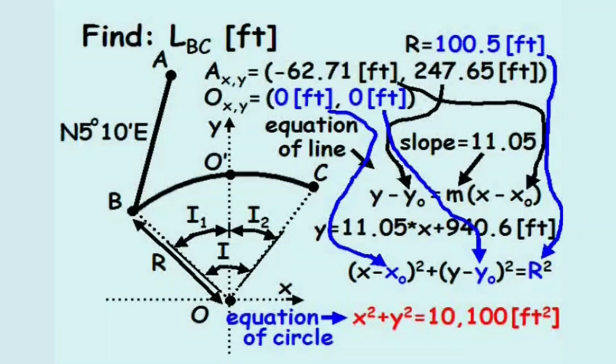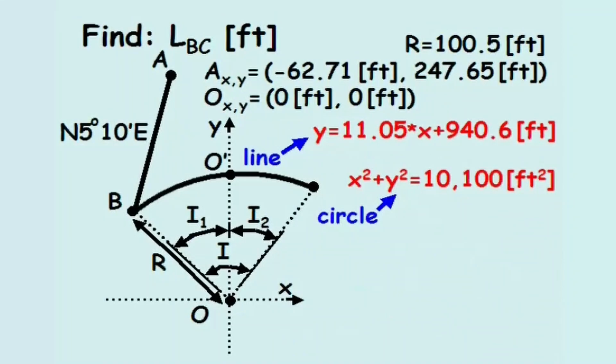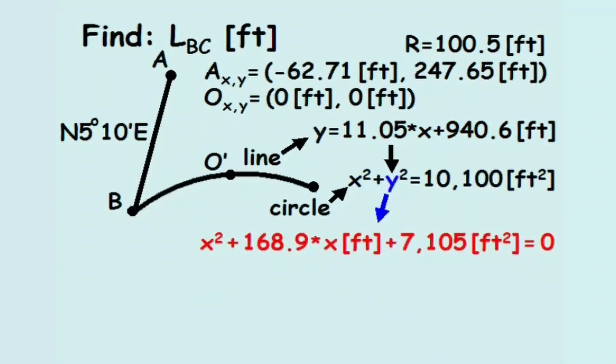At this point, we have two equations and two unknown variables. So we can solve for x by substituting in 11.05 times x plus 940.6 feet for y. And after some algebra, we get x squared plus 168.9 feet times x plus 7,105 feet squared equals 0.